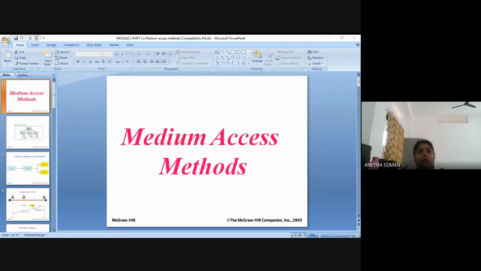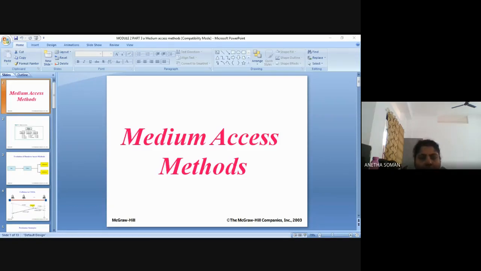Okay, so we will start our topic today. Last class we were dealing with the error detection schemes, and I was also telling about the functions of the data link layer. Generally, you can have two different functions in a consolidated manner: one is data link control and the other is medium access control.